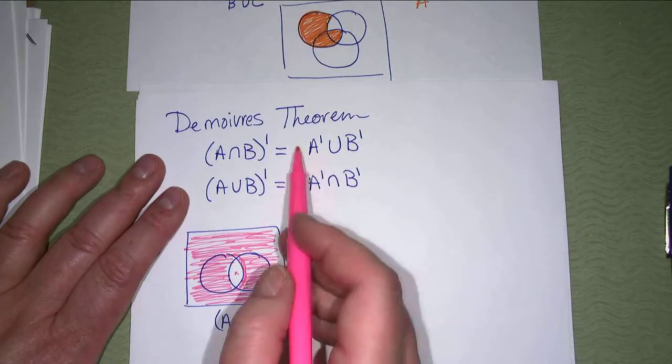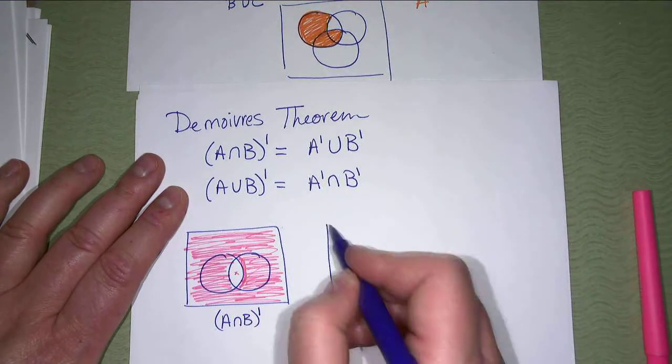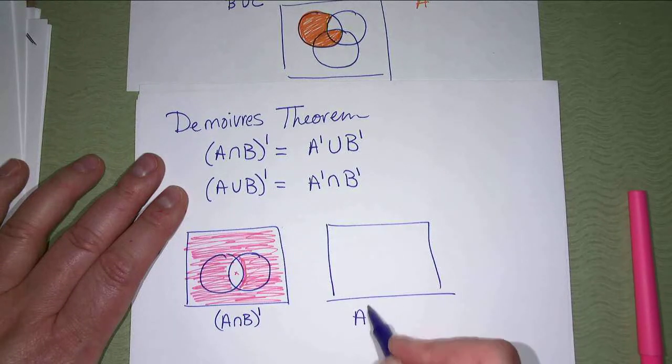And then the other side is union, so it's easy to add. You just add them all up. So you do A prime, and then you add B prime to the top of that.